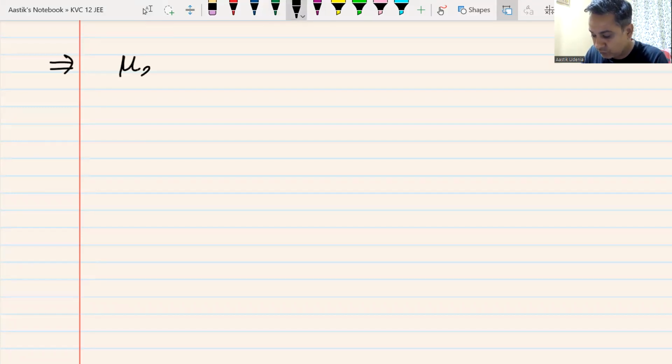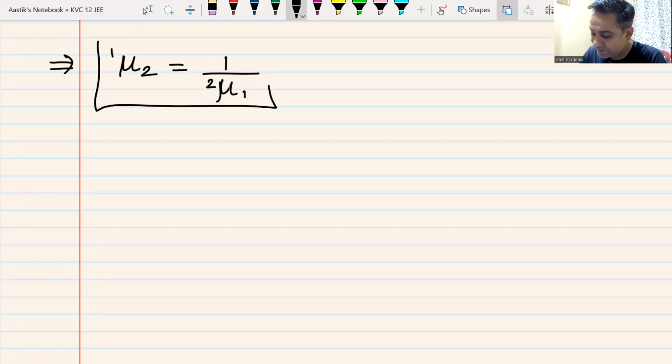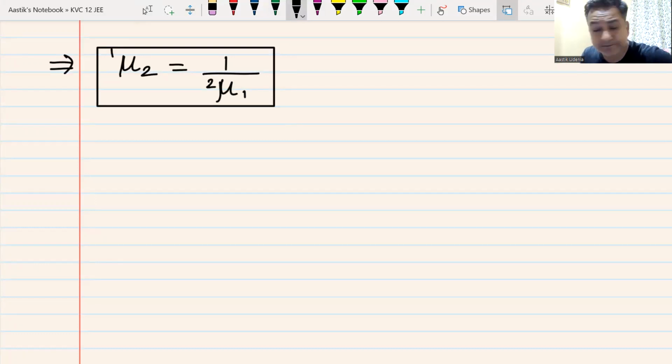Mu of 2 with respect to 1 will be equal to 1 by mu of 1 with respect to 2. Mu of 2 with respect to 1 is mu 2 by mu 1. Mu of 1 with respect to 2 is mu 1 by mu 2, and both are inverse of each other.